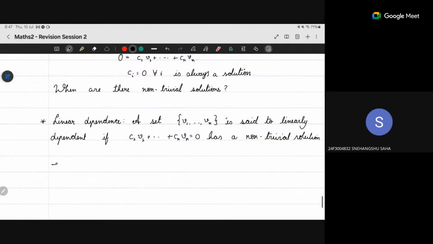So equivalently, why this is an equivalent formulation is not something that I'm going to prove now.